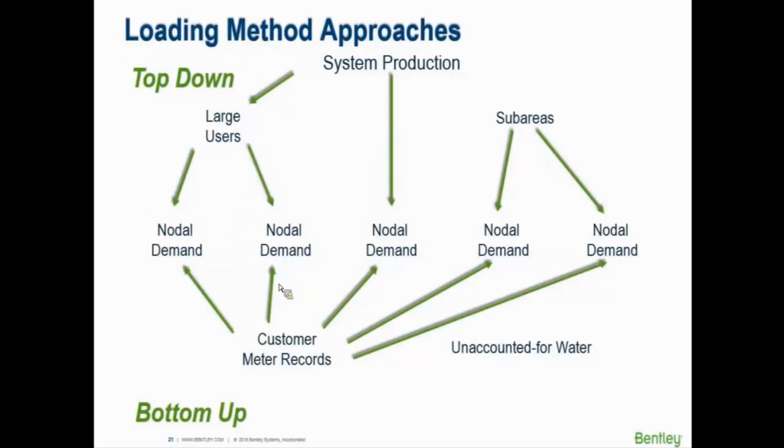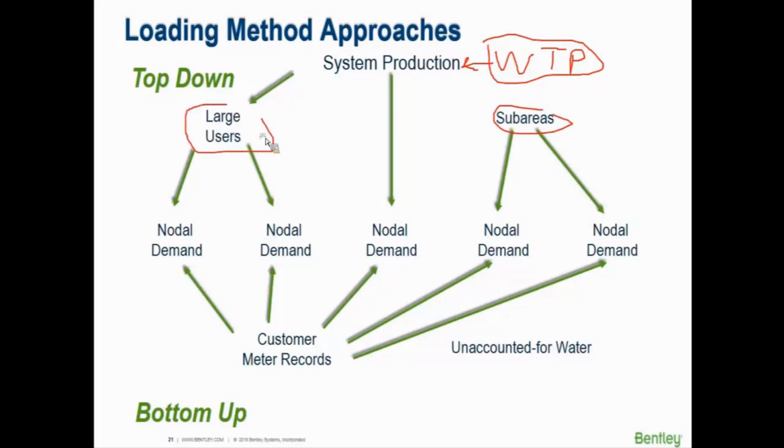So here's a quick way to think of it. If you had a system production and all the system production is coming from a water treatment plant, that's your source. It's feeding the network here. It's one treatment plant. We're going to make it real simple. Some of the flow then goes to sub-areas. Maybe it's going to sub-zones.